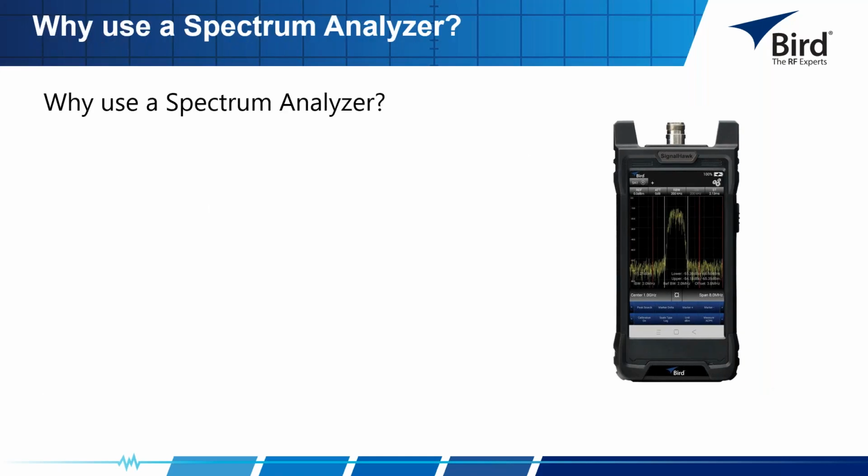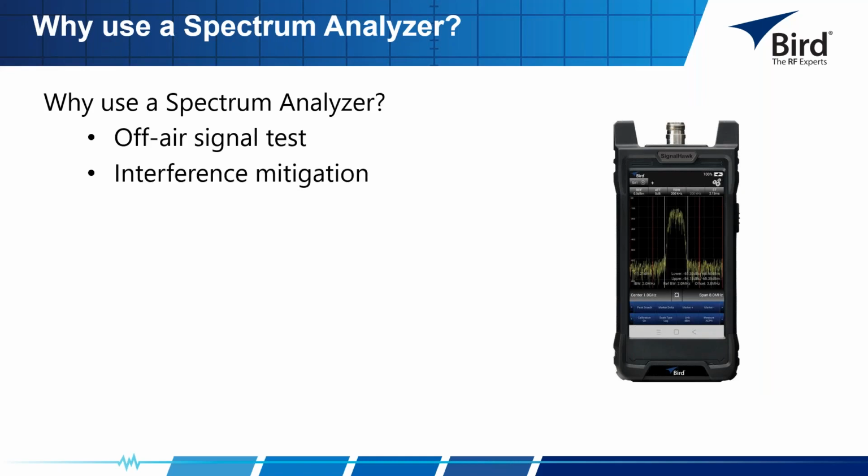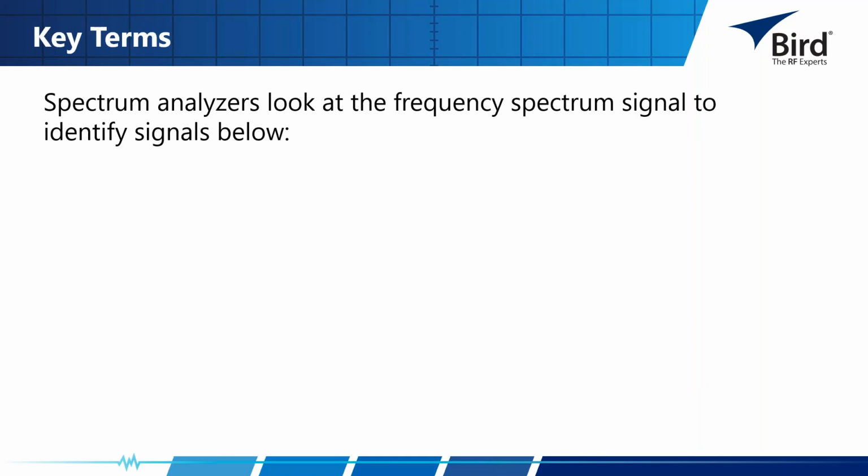So why use a spectrum analyzer? Well, we can do an off-air signal test. We can do interference mitigation. Look for harmonics, noise. We can look at the frequency spectrum signal to identify signals. We can look for noise, which is going to be any unwanted signal.